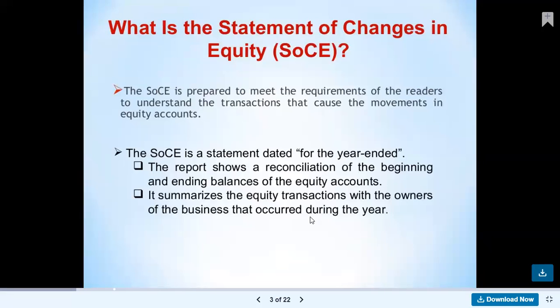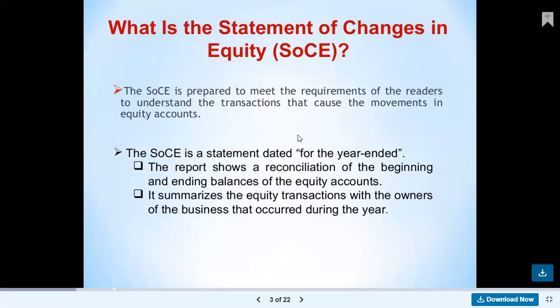Okay, good morning, everyone. So, welcome to part two of our discussion of the statement of changes in equity. In part one, we already discussed the forms of business organizations: sole proprietorship, partnership, and corporation.